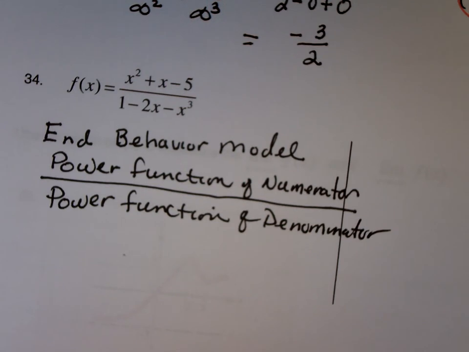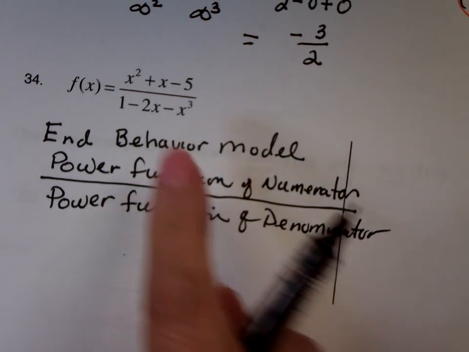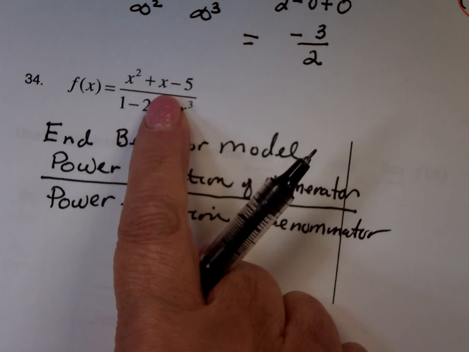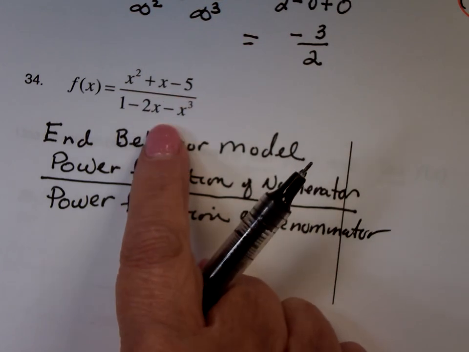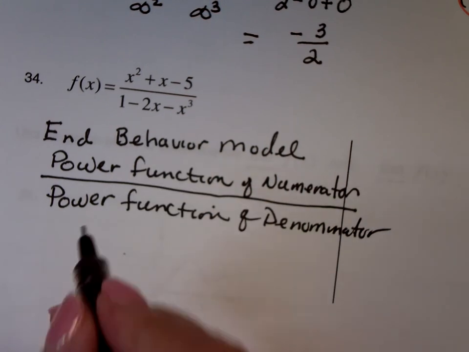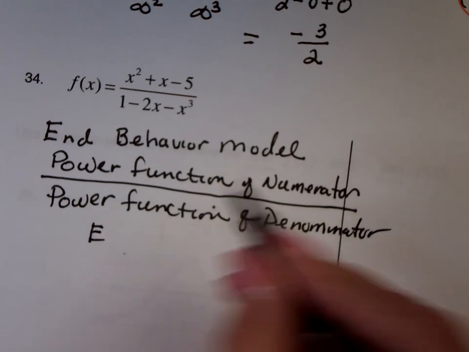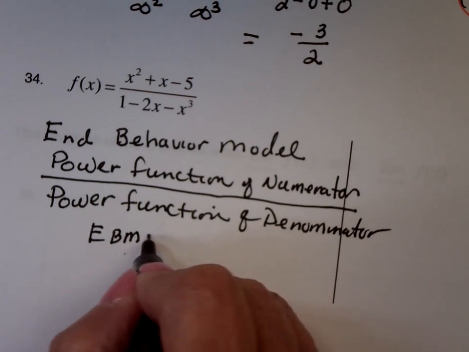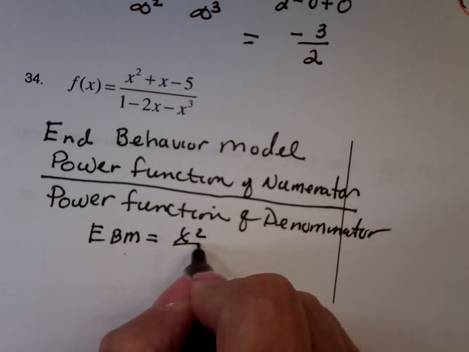Because we're dealing with polynomials. Because who's in control in the numerator? X squared. Who's in control in the denominator? X cubed. So if I look at the end behavior model, I'm going to call him EBM. He's x squared over x cubed.